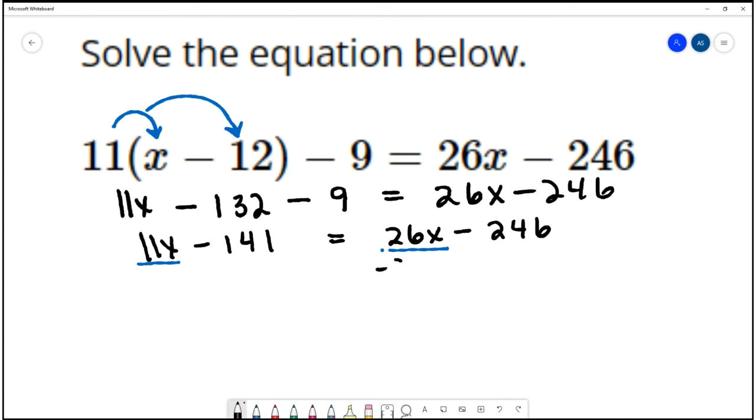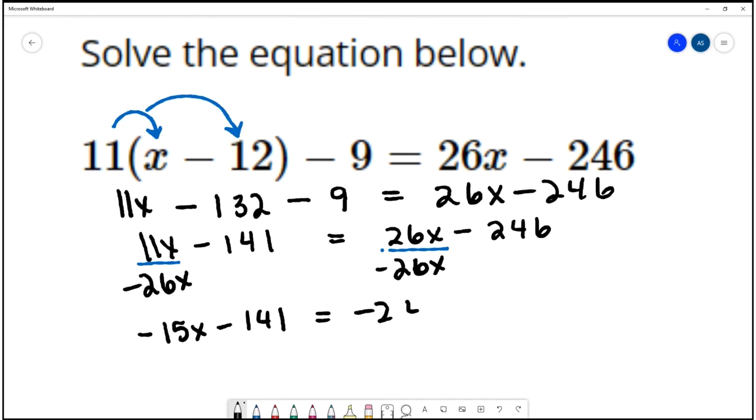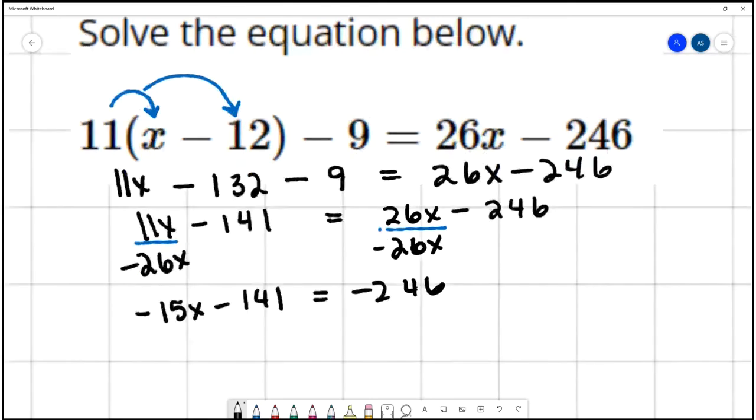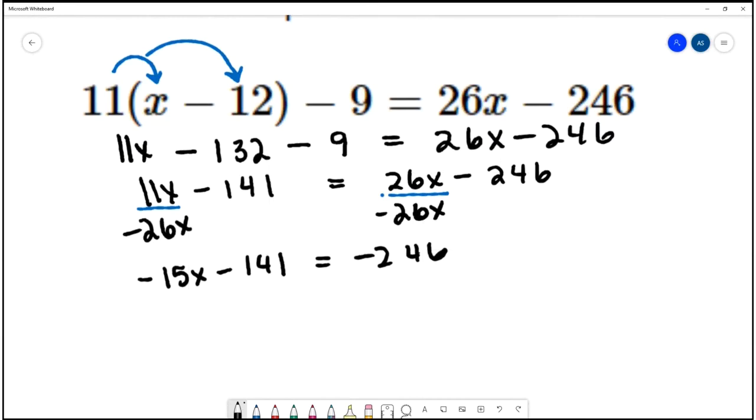I'm going to subtract 26x from both sides of the equation to collect those x terms on the left-hand side. And that will give negative 15x minus 141 equals negative 246. Now that I've got the variable terms on one side, I want to isolate the variable.